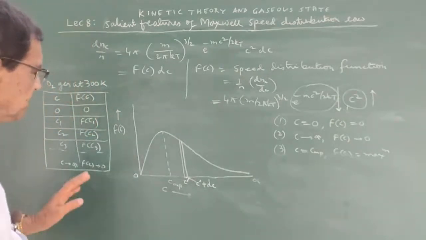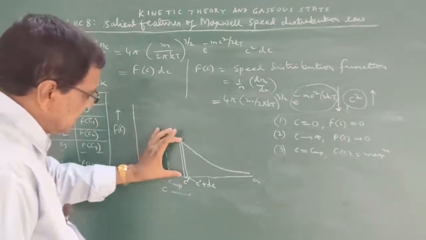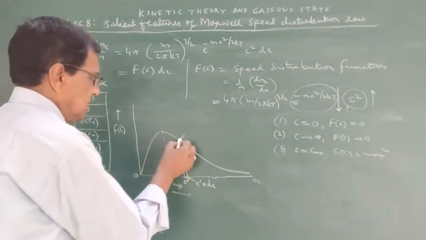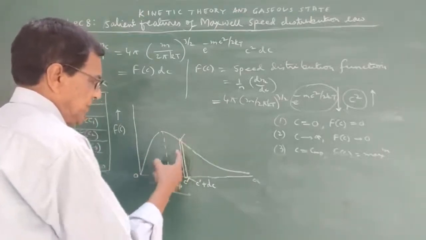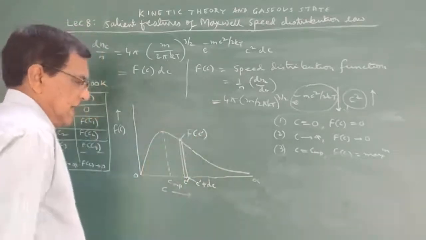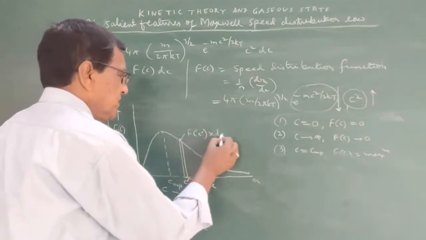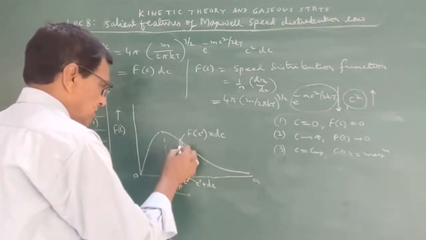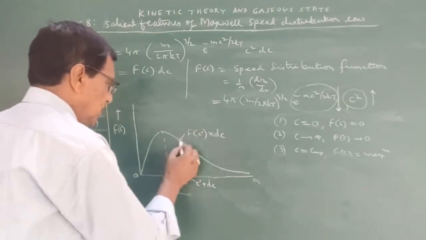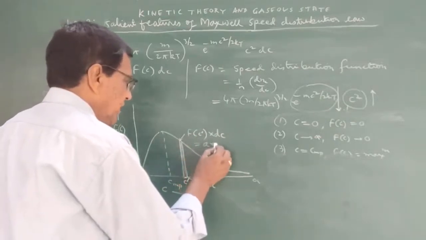The fraction of the molecules having the speed C dash is this one, and this is the range. So this ordinate is Fc dash, and if you multiply by this range dC, then it is one arm, and this is another arm. The product of these two will give you this area.